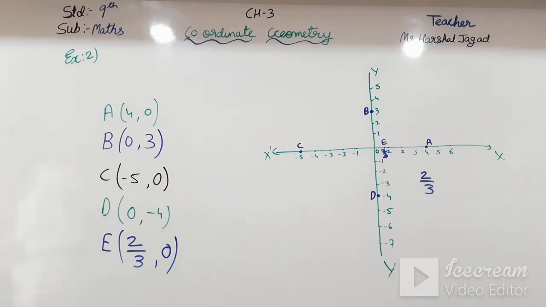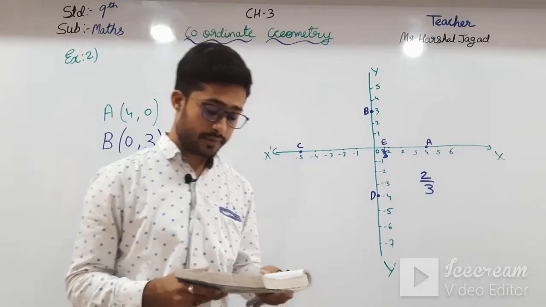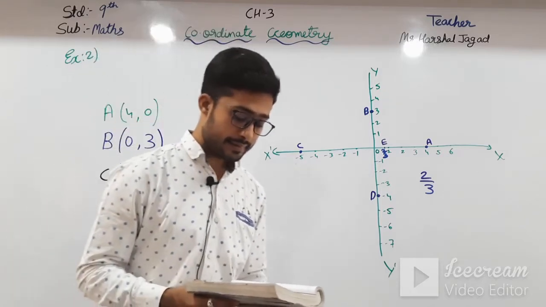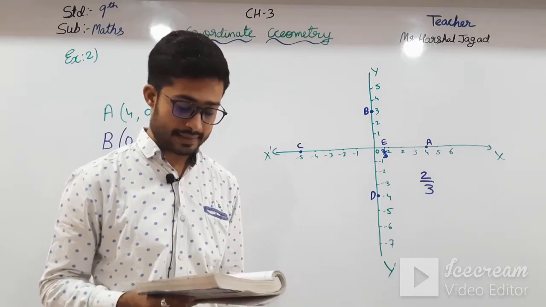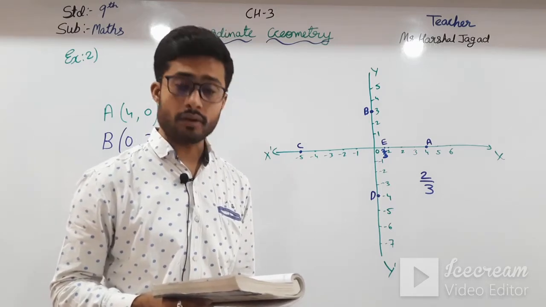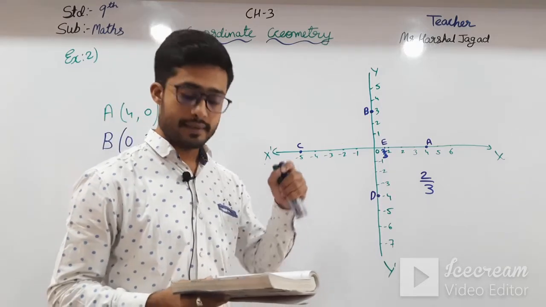So students, write this down. See here, there are some points given in your textbook, I am reading them. Since every point on the x axis has no distance from the x axis, the y coordinate of every point lying on the x axis is always 0.